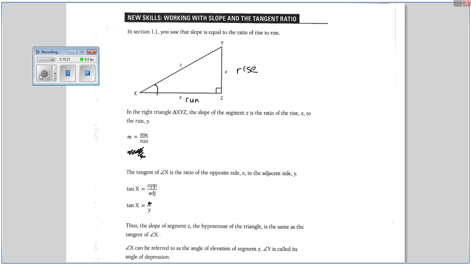Alright, so cross out x and y, just put rise and run. Okay, and you can see that this x is represented right here. Rise goes up and down, run goes left and right. Tangent gives you the angle of elevation if you use rise and run. Okay, so let's put a note in there.